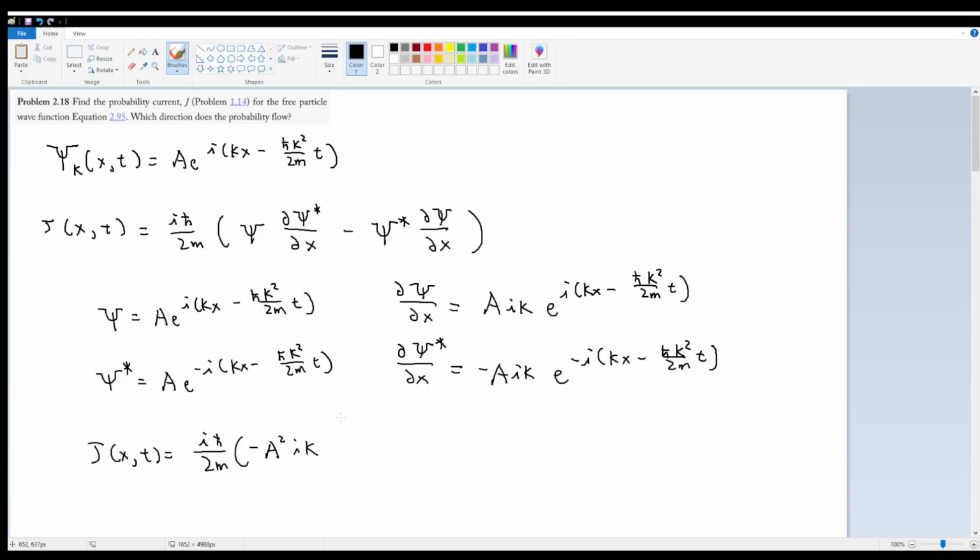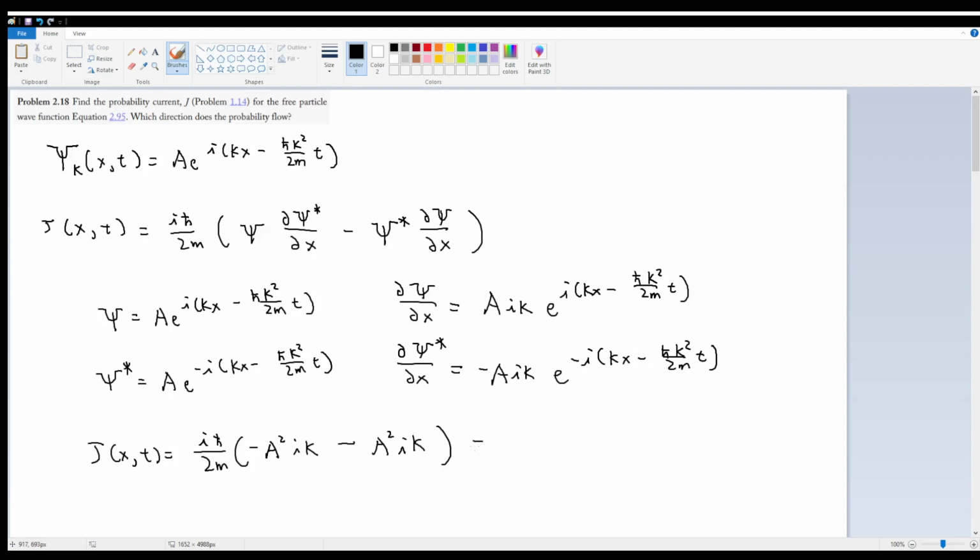Next, subtracting psi star multiplied by the partial of psi with respect to x, that gives A squared times ik, and the exponential once again cancels out.